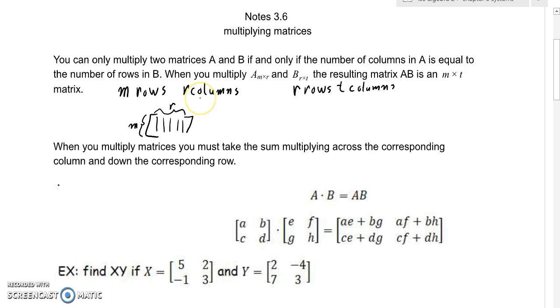So notice that the rows and columns here match. In this matrix, this way has to have R rows by T columns.